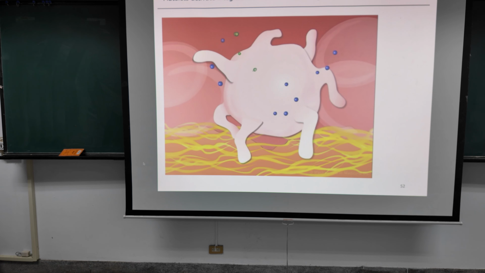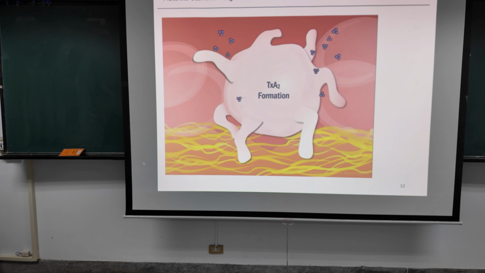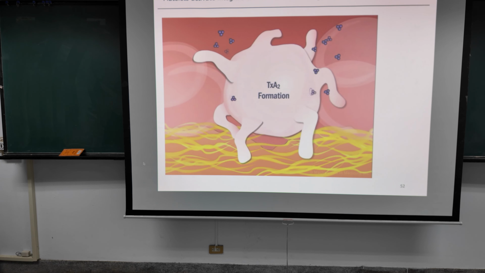This provides a high local concentration of effector molecules essential for platelet plug formation at the site of vascular injury. For example, the aggregating agent ADP is released from the dense granules. Platelet activation stimulates the formation of another aggregating agent, thromboxane A2, abbreviated here as TXA2, via the arachidonic acid cascade.